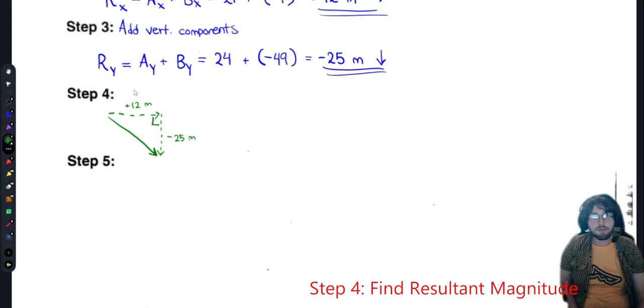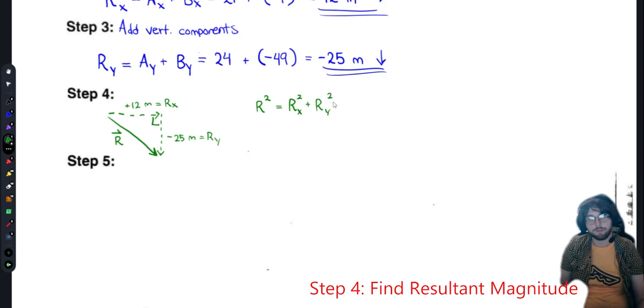So step 4 is to use these two components, rx and ry, to get our overall resultant, or the magnitude of our resultant, which is r. So over here, we can now get that by using the so-called Pythagorean theorem, which states that the magnitude of r squared is equal to the magnitude of rx squared plus the magnitude of ry squared. And again, this only works because they are at right angles to each other.